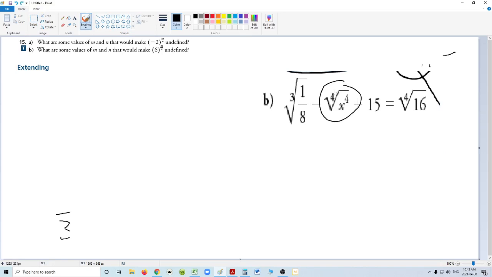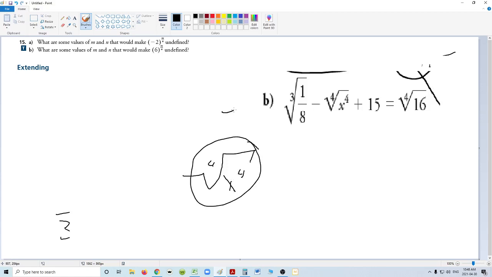Since it's negative, let's just move it to the other side. So you get x to the 4, which is clearly just x. So it's the same problem here, though. That's creating a positive number, even when x is negative. It is equal to the cube root of 8, which is 1/2, minus the 4th root of 16, which is 2, plus 15.